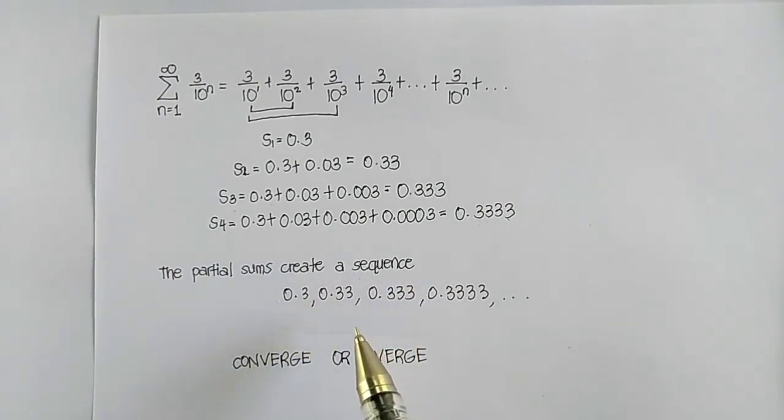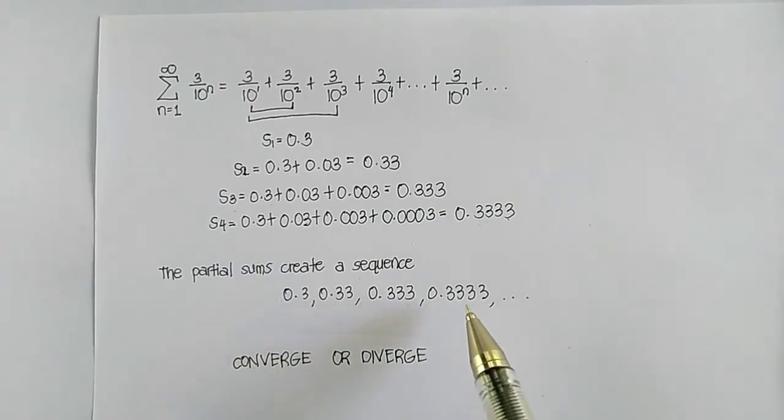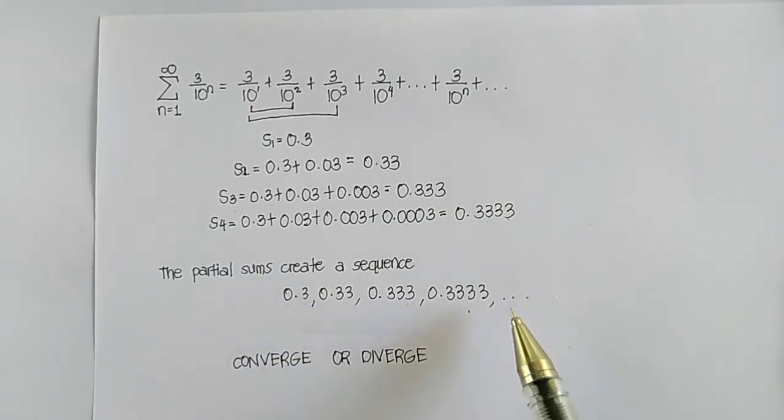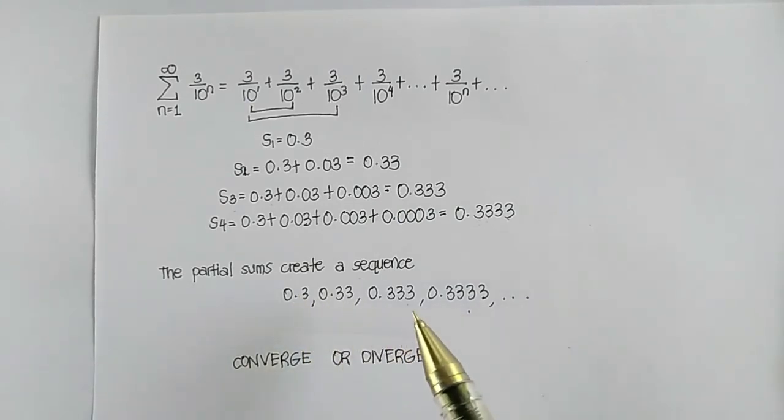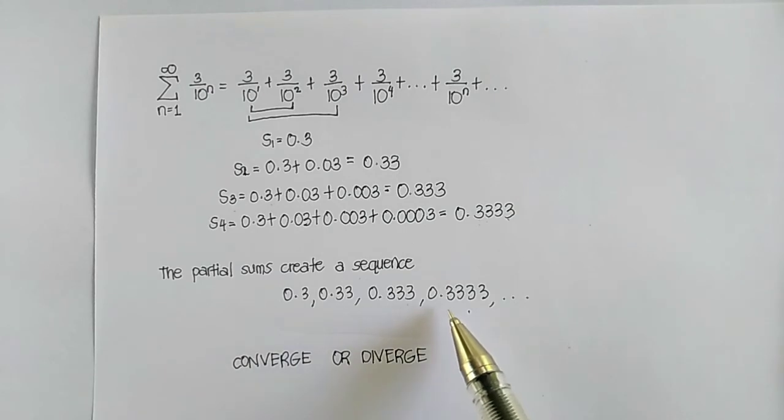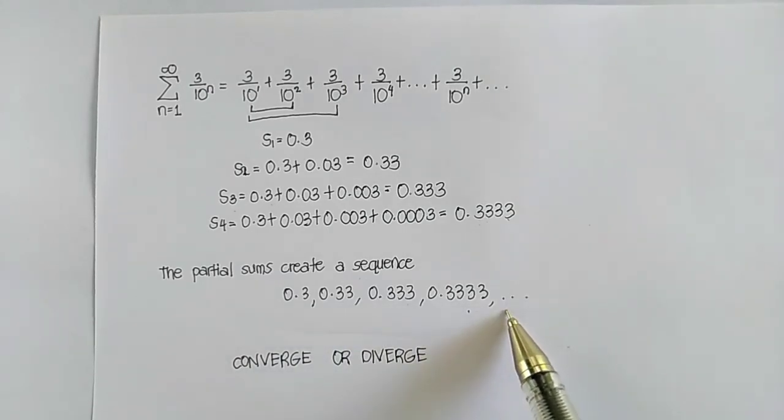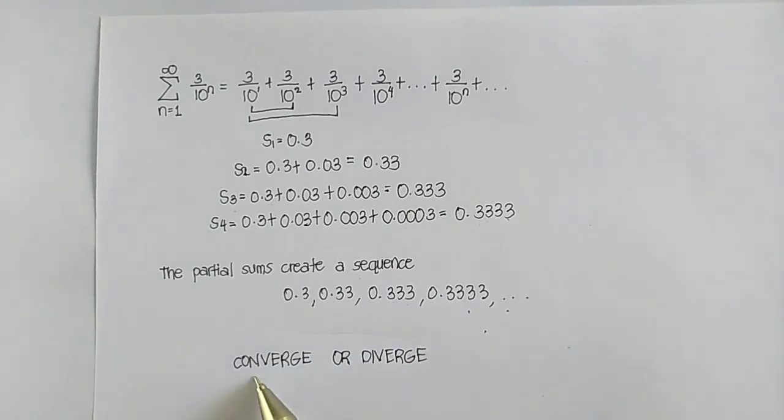Okay? So the question becomes, does this sequence created by the partial sums, as we see here, converge or diverge? Now, it looks like this 3 is going to repeat forever. And 0.3 should remind you of the fraction 1/3. And therefore, we see this series does converge. Why?